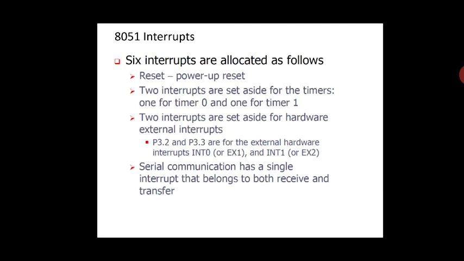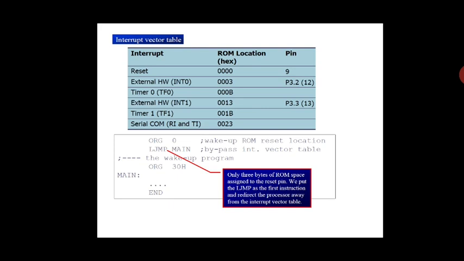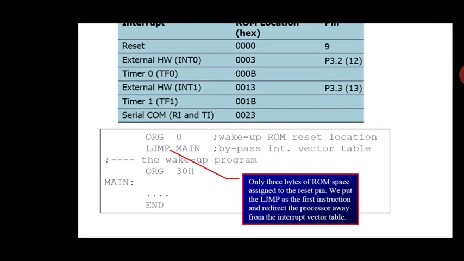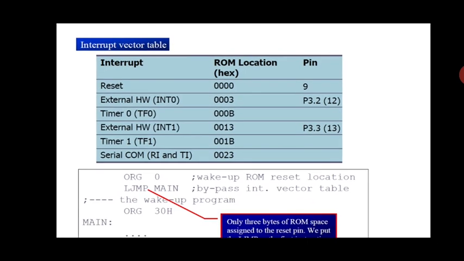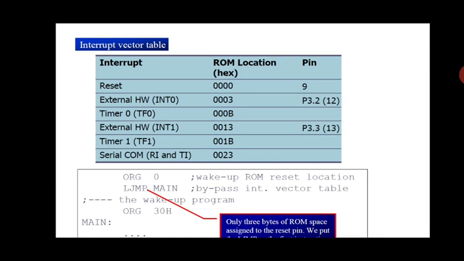Serial communication has a single interrupt that belongs to both receive and transfer operations. So there are 6 interrupts available here. We'll see each of them in detail.